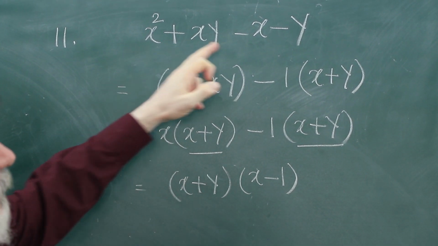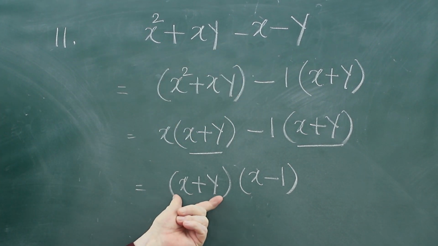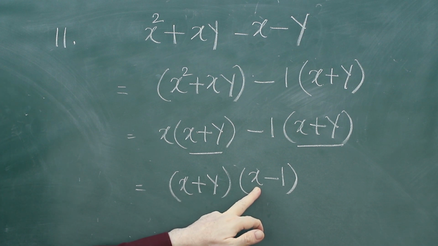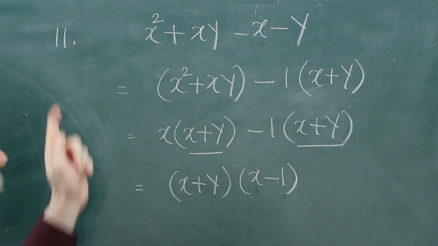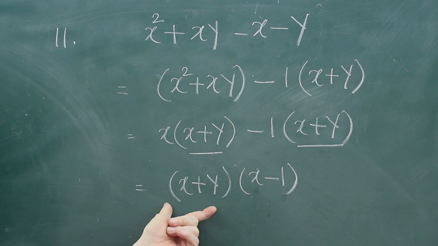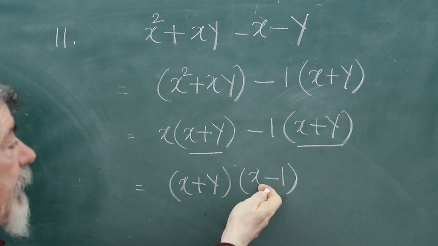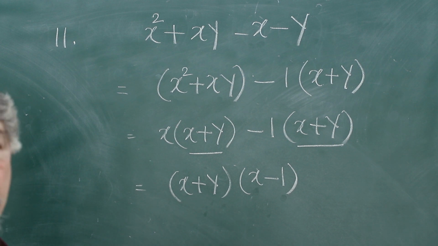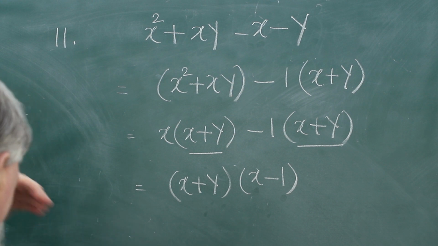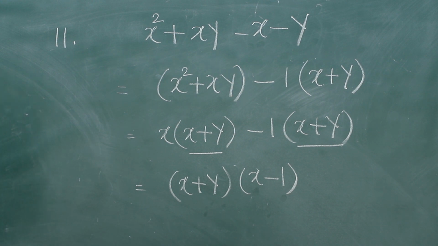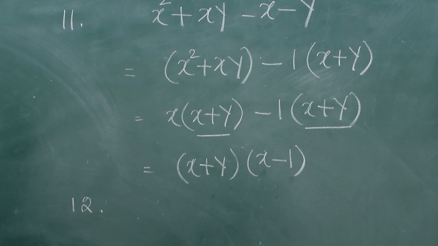And if I divide this expression by x + y, I'll get the quotient as x − 1. There will be no remainder. And if I divide it by x − 1, I will get the quotient as x + y and no remainder. So that is why x + y and x − 1 are the factors of this expression. So now we are going to do a lot of questions, about 8, 9 questions based on this, where we are going to make pairs.